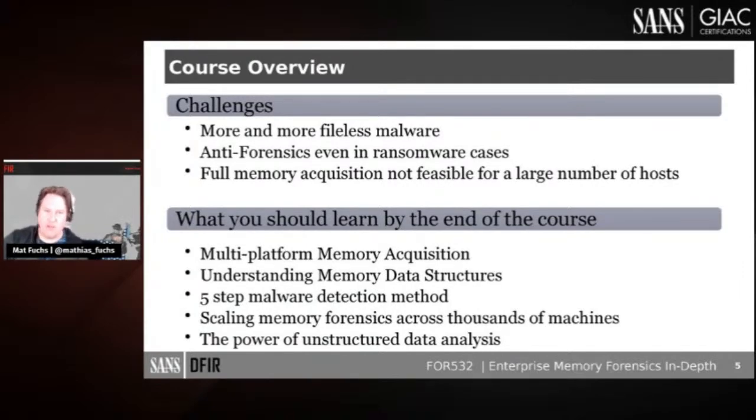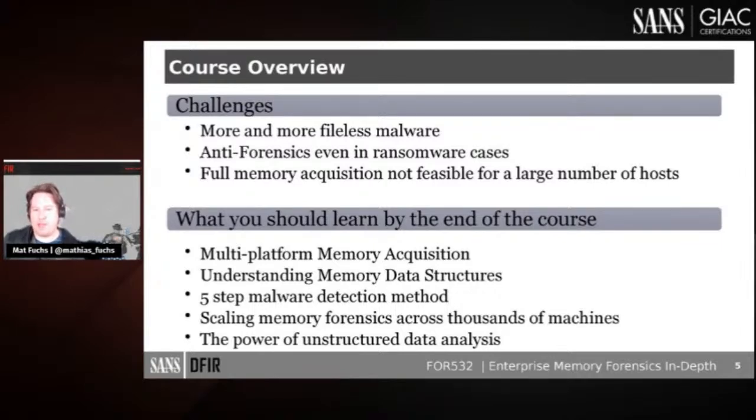We're going to look into a modified version of a malware detection methodology, where we walk through different steps that should give you 99% of the malware that is out there pretty quickly in that process. And a large part is about scaling memory forensics, scaling it to the enterprise. So that means finding ways to do partial memory analysis, offloading the workloads for that to the endpoints.